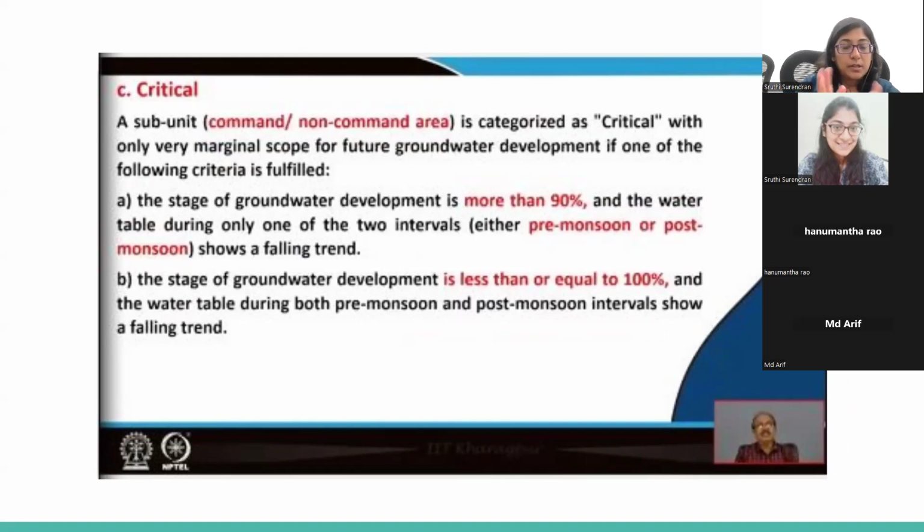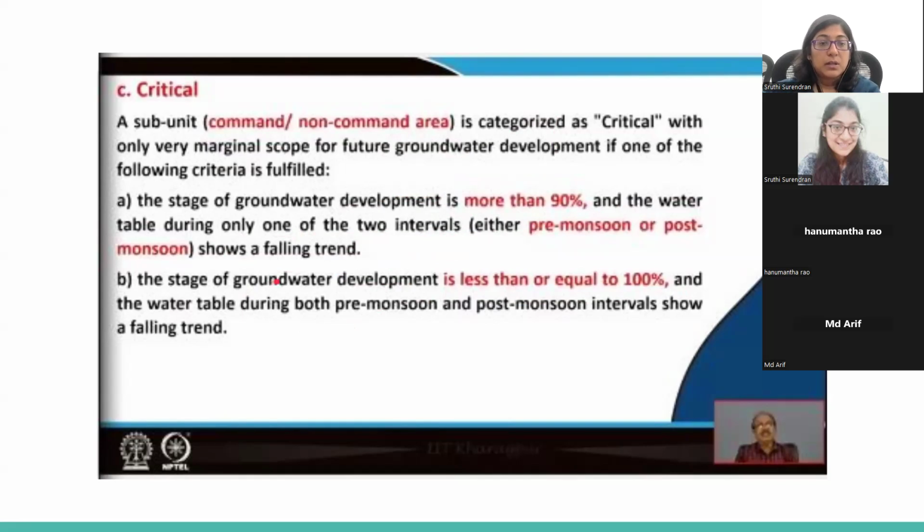It is a borderline. Here, the stage of groundwater development is more than 90 percent, and the water table during one of the two intervals is showing a falling decline, or less than or equal to 100 percent and the water table during both is showing a falling decline.